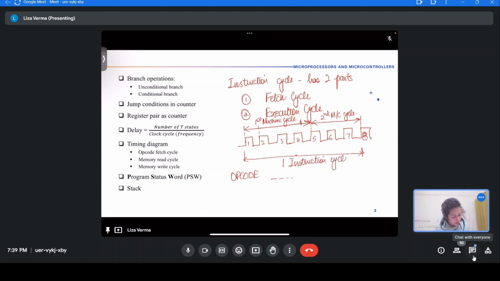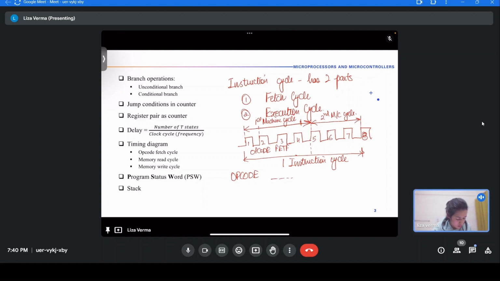Okay, and as you already know, this first machine cycle is for what? Can someone write in the chat? What would be the opcode? First, opcode fetch. Good. So this first machine cycle is actually opcode fetch.